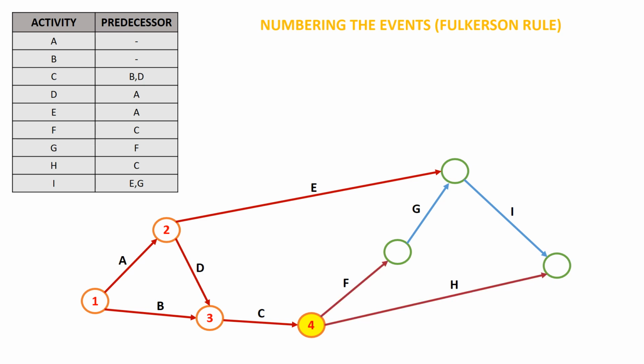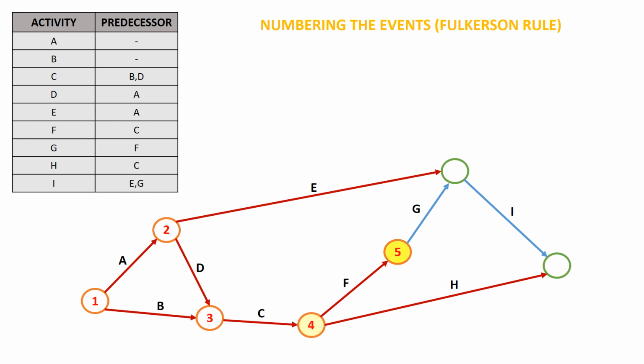From event 4, we have two activities that are emerging, activity F and activity H. Now I can number only the event which is after activity F. That is because for the event after activity H, there is one more activity which is activity I, which has not been traced. Therefore, I can number the event after activity F as 5.